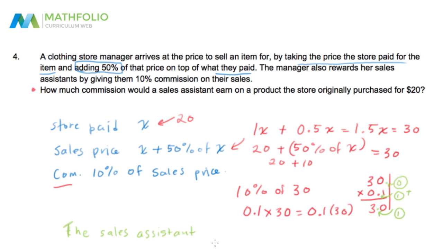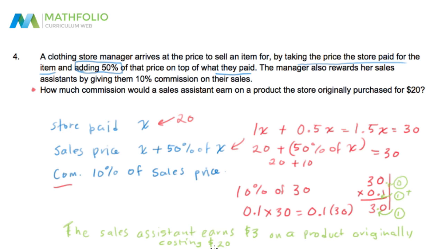You might be writing the wrong answer here and realize it with your words, but the sales assistant earns $3 on a product originally costing $20. Okay, so that's our answer.